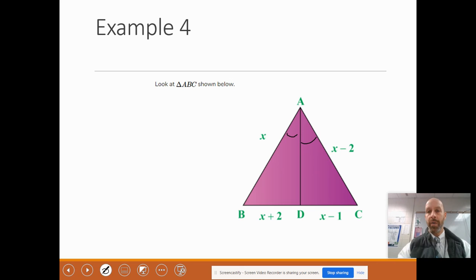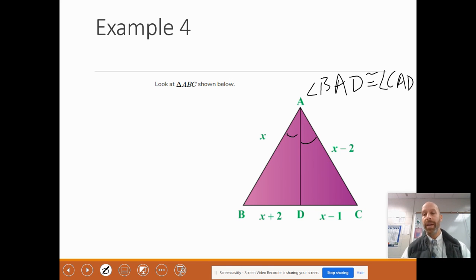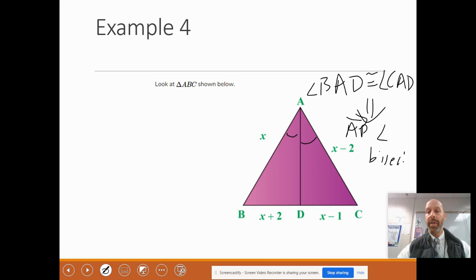Okay, so we want to assume that angle BAD is congruent to angle CAD. All right, that's going to make ray AD an angle bisector. Okay, and remember, that's the requirement for this type of problem.